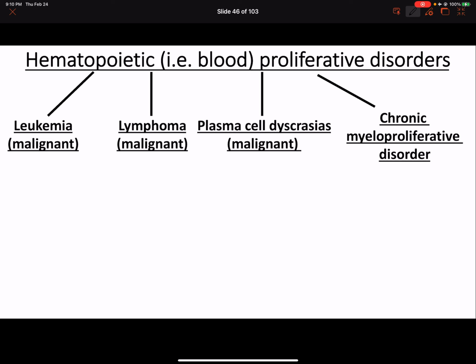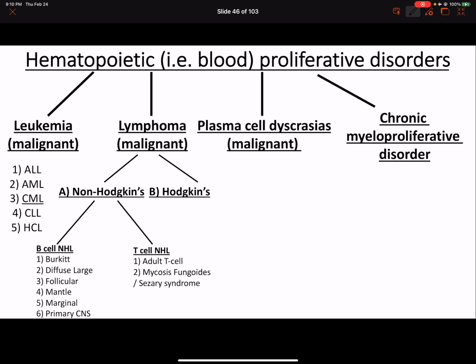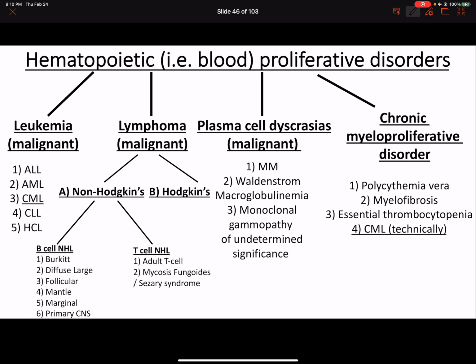So now breaking down into all of the categories and subcategories. ALL, AML, CML, CLL. So this is acute and chronic and lymphoblastic and myeloid, and then hairy cell leukemia. The lymphomas can be categorized under non-Hodgkin's or Hodgkin's. The non-Hodgkin's has several categories.